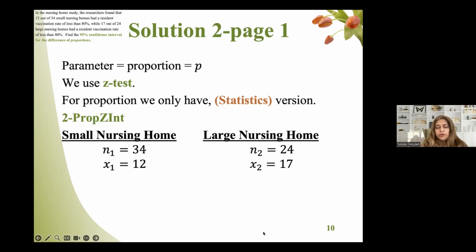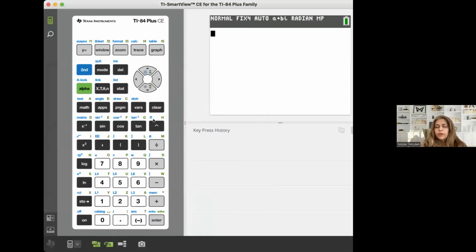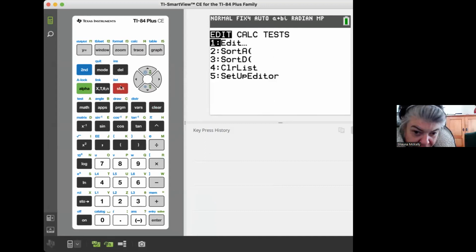Let me stop sharing and bring my calculator up. Can you see my calculator, Shana? We can see it, yes.